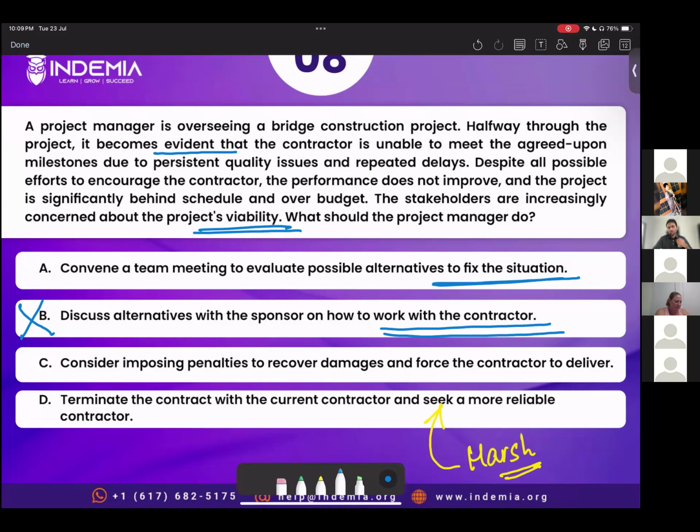Yeah, this is important. So as Mohan mentioned, this is a situation where you have done every possible thing. So the right option is, when nothing is working, termination is the last resort. So we do terminate, right? It's not like we don't terminate the contract. We do that. If nothing is working, if we have tried all the possible things, then of course termination is the right choice. So correct answer is option D.